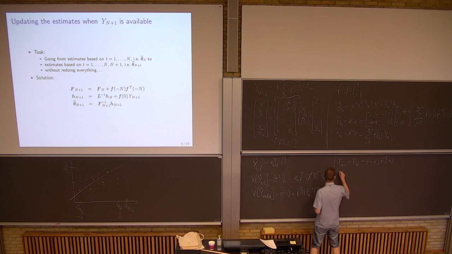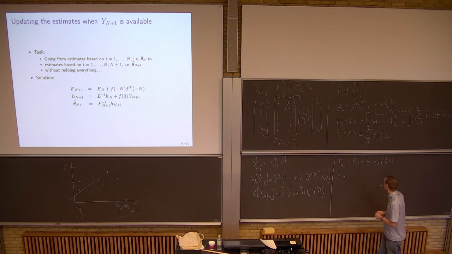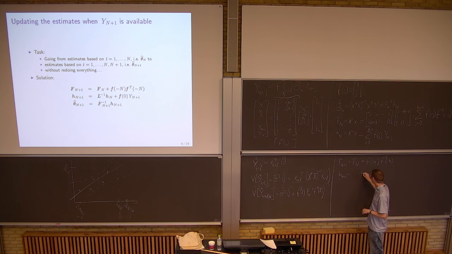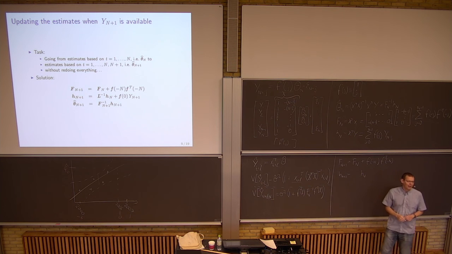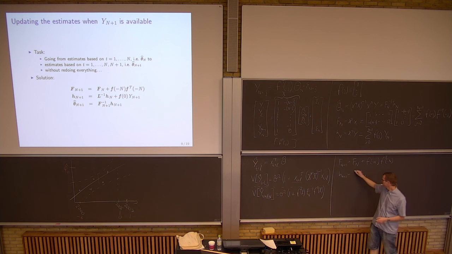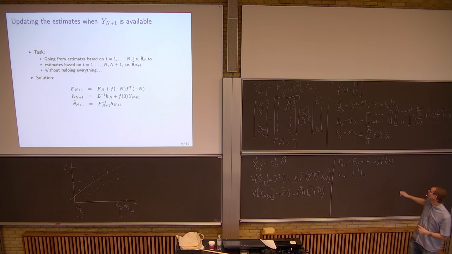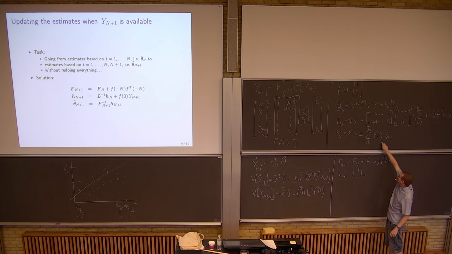And Hn plus 1, you have a similar thing, but it's not quite the same. What you have to do is first take your previous estimate and shift that backwards in time. Well, you do that by multiplying by L inverse. The reason is that the sum is of things at current time and previous time. So if you look at what you have, maybe I should write it out.